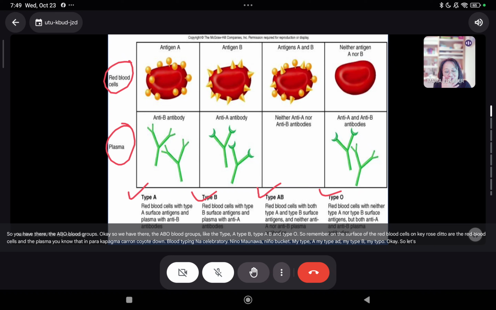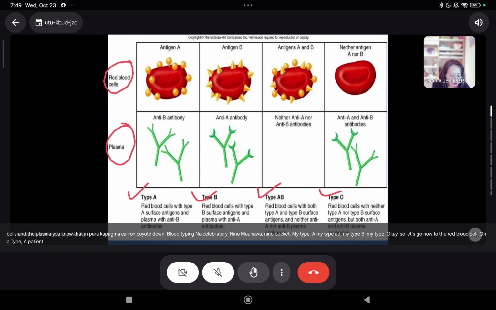Okay? So let's go now to the red blood cell. On a type A patient, on the surface of the red blood cells will be antigens. Depende kung anong type yung dugo ng tao, no?